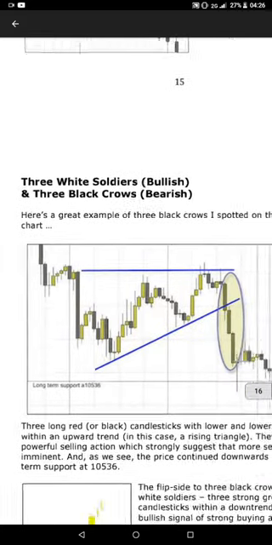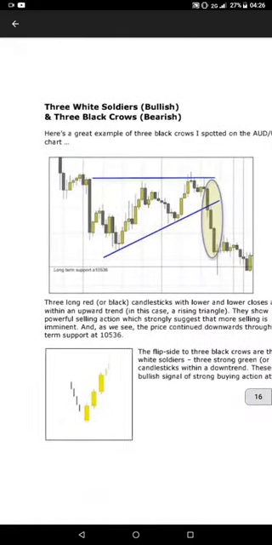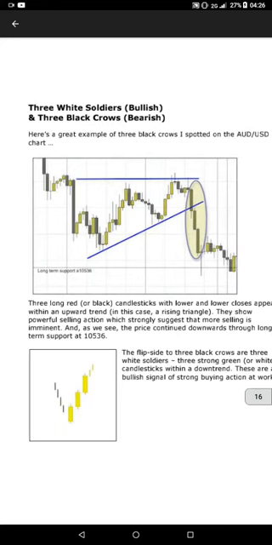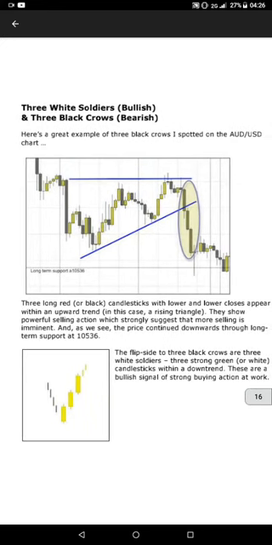Let's proceed. Three white soldiers, bullish, three black crows, bearish. Here is a great example of three black crows I spotted on the AUD USD chart.